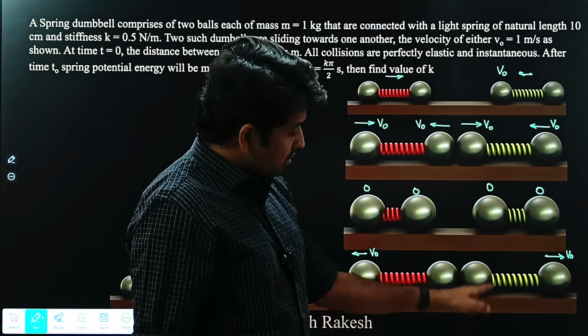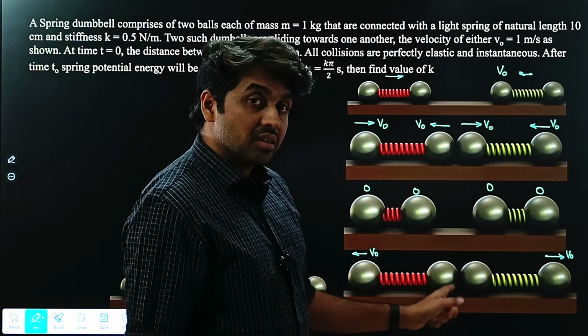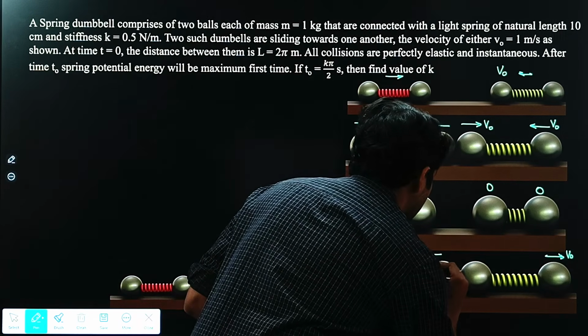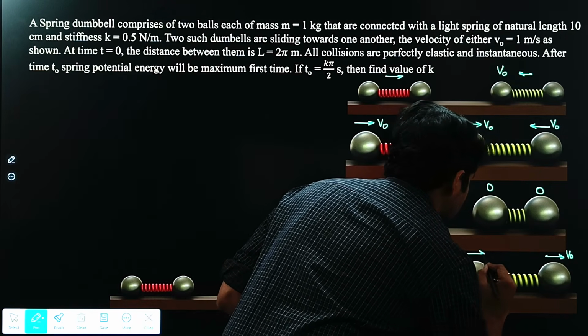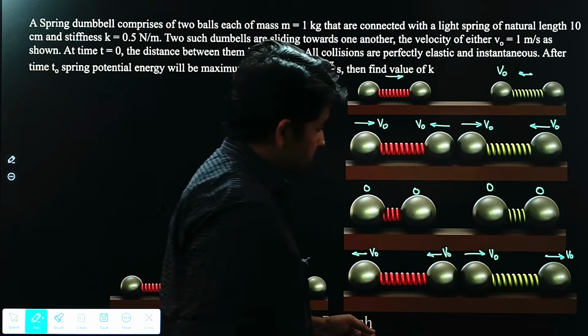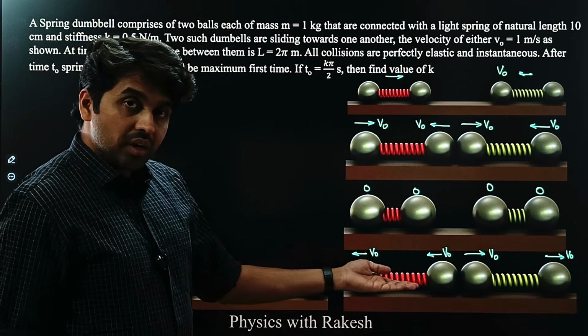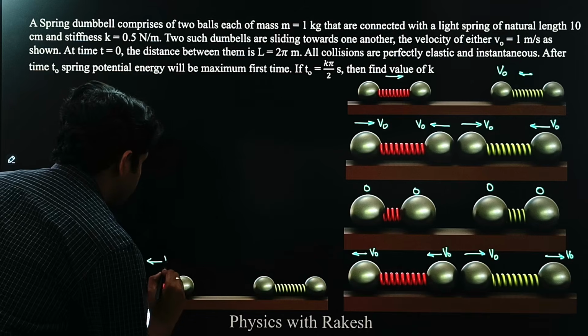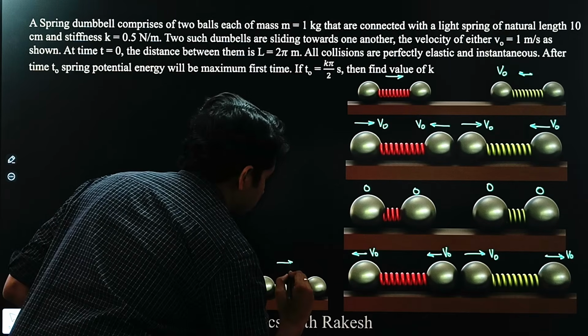Again, because they collide, they exchange their velocities. So this becomes v0 and this becomes v0 in this direction. Finally, they move away. This goes away with v0 in this direction, and this goes away with v0 in this direction.